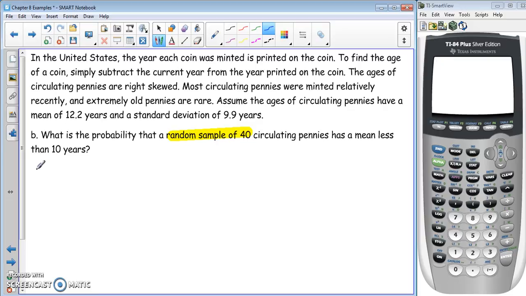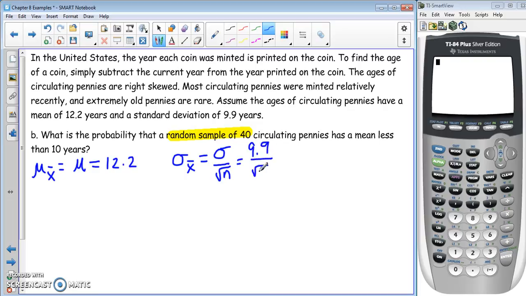We need to write down the mean of our sampling distribution, which is the same as the population mean, 12.2. The standard deviation of the sampling distribution of the sample mean is sigma over the square root of n, so in this case, 9.9 over the square root of 40.